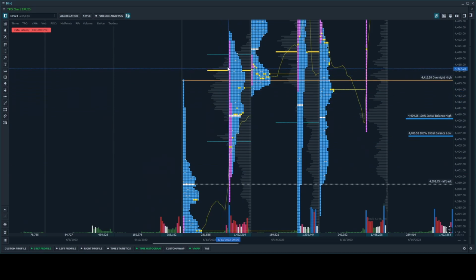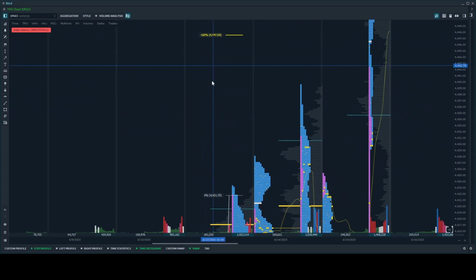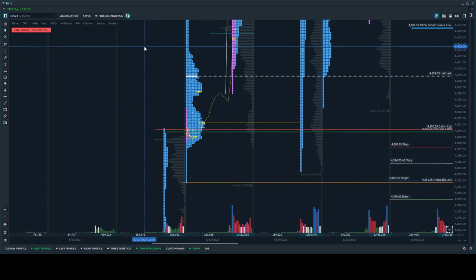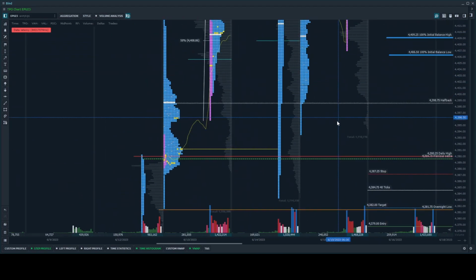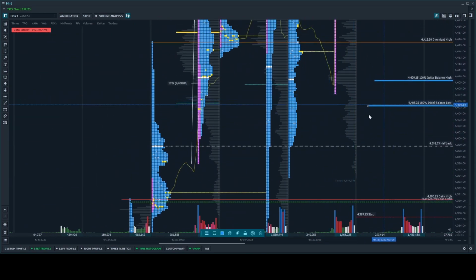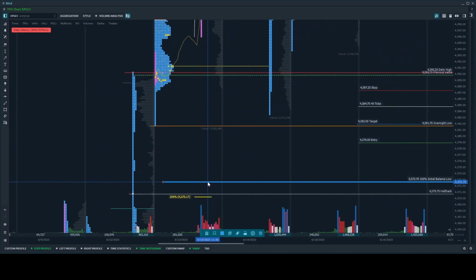So for me, the initial balance is these pink letters here. You can either highlight this manually, or you can just come over here to your Fibonacci. And I did some custom settings on it, so that if you go from here to here, you have 100% here and 100% below. You grab these lines, and I like to lead them just a little bit.